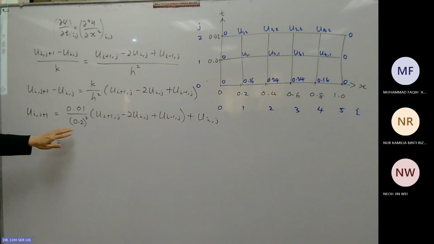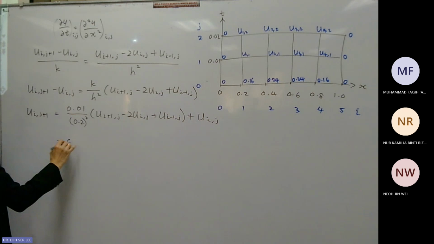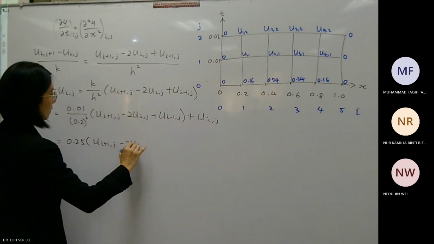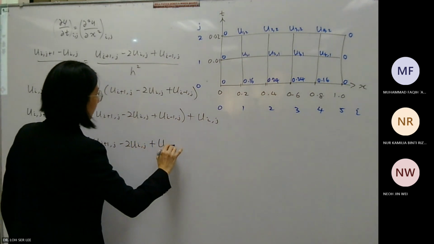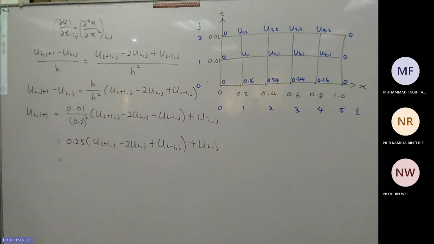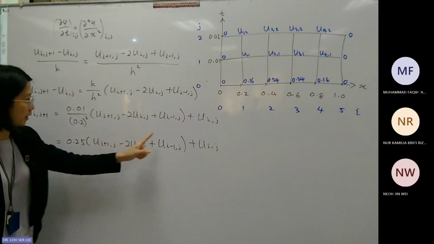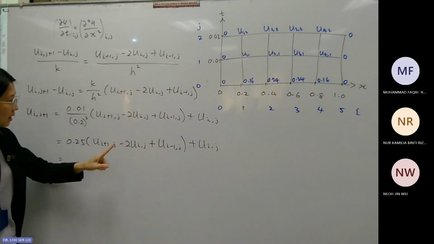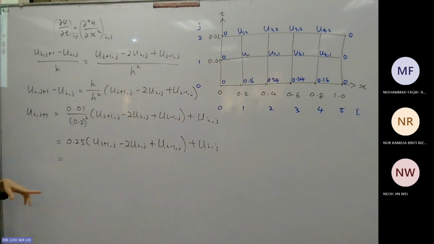Okay, any questions so far up to this point? What is the value that you obtain? 0.25. Okay, 0.25. Then we will open the bracket. So 0.25 multiplied to each of this. Then this one will be combined with this.